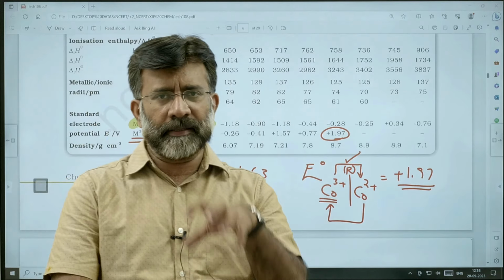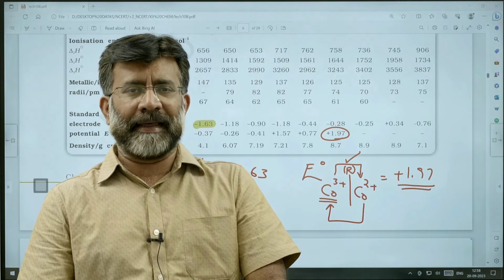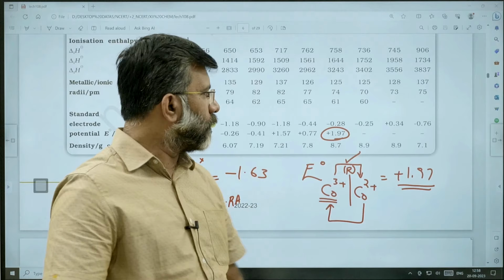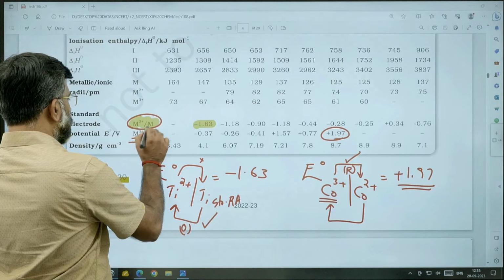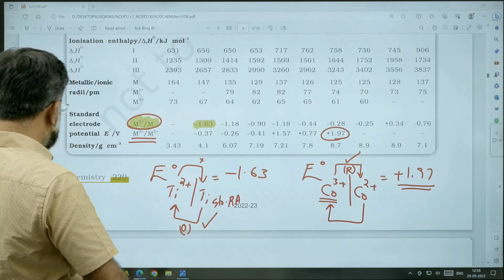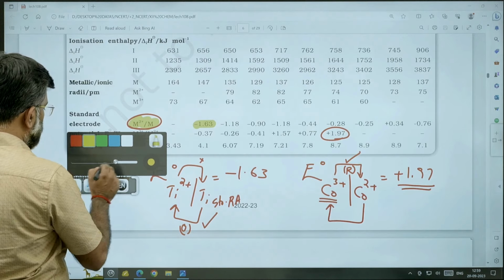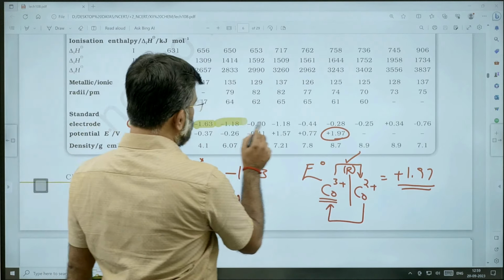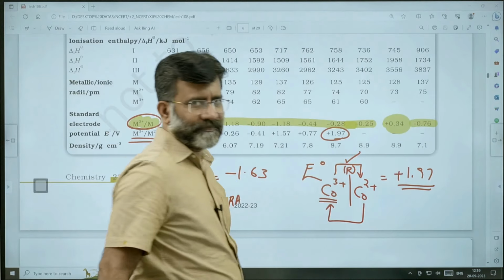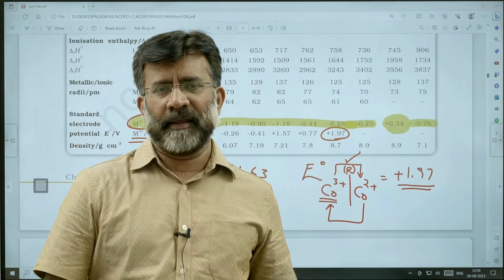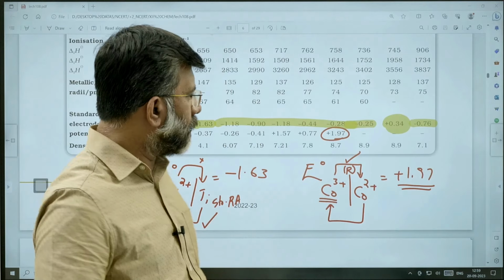So determining the character, whether oxidizing or reducing, can be done by standard reduction potentials, and you can see almost all species, the second ionized state M2+/M values, the standard reduction potentials, all species have negative values, except copper alone, having a positive value of +0.34.